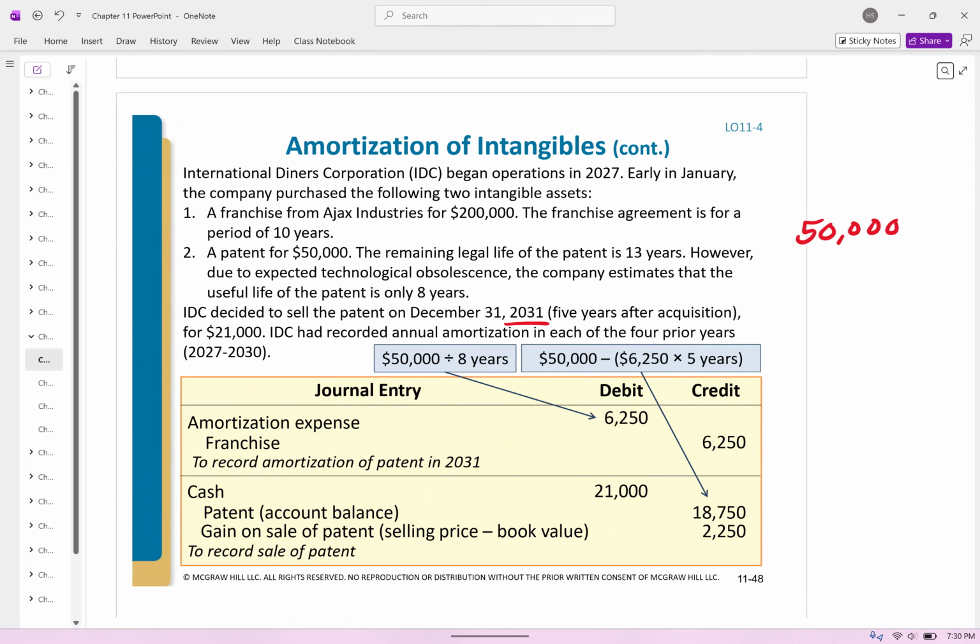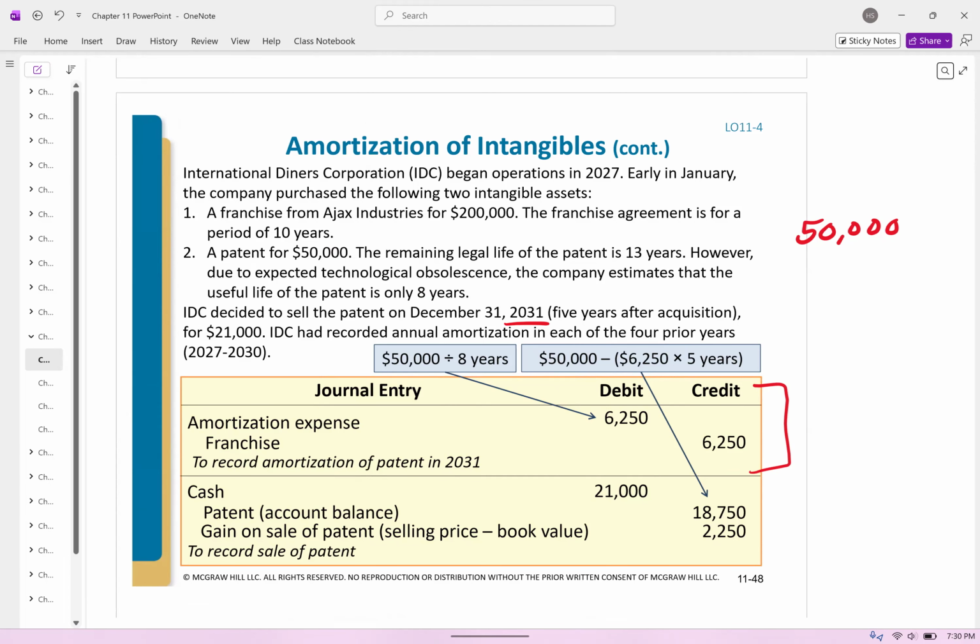And the first thing they did, I'm really proud of them, was catch the amortization up. It did record it for each of the 4 years, 27, 28, 29, and 30. They are selling it in 31, so we need that fifth year of amortization.